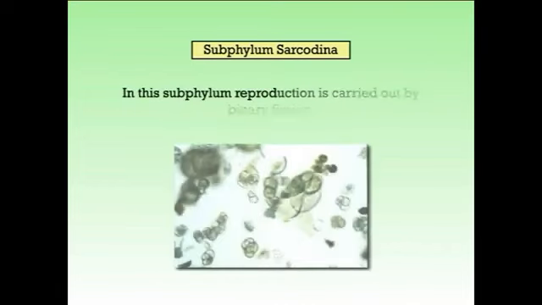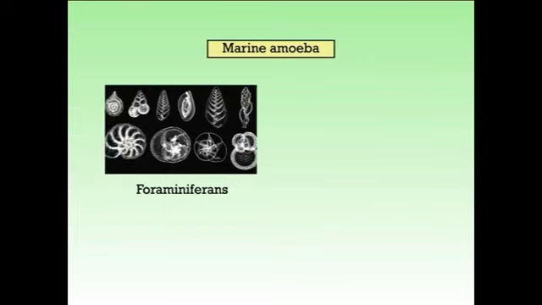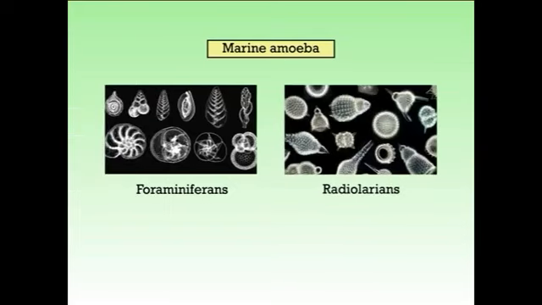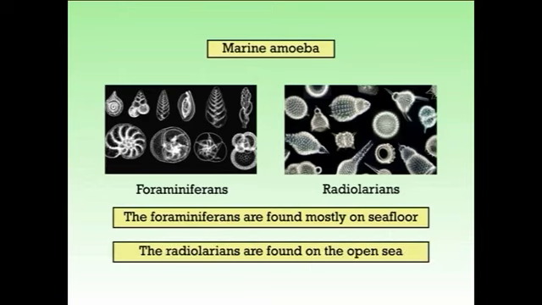In this subphylum, reproduction is carried out by binary fission. Some of the marine amoebae include the foraminiferans and radiolarians. The foraminiferans are found mostly on the sea floor, while the radiolarians are found in the open sea.